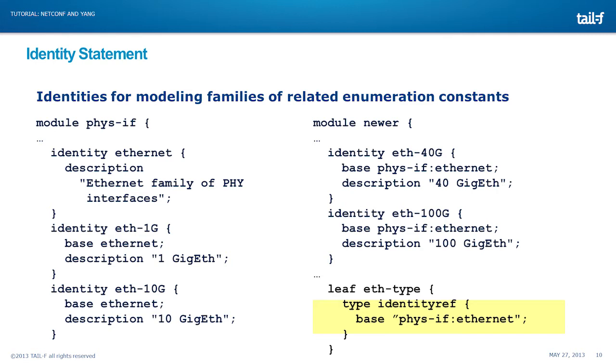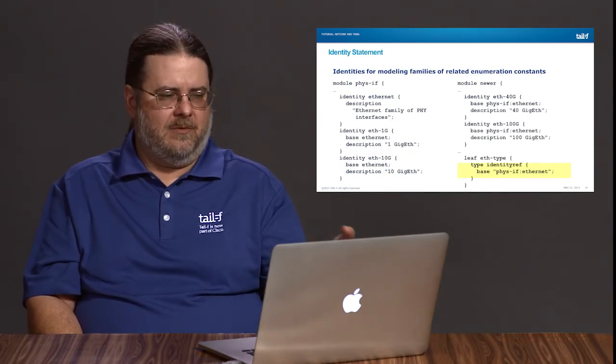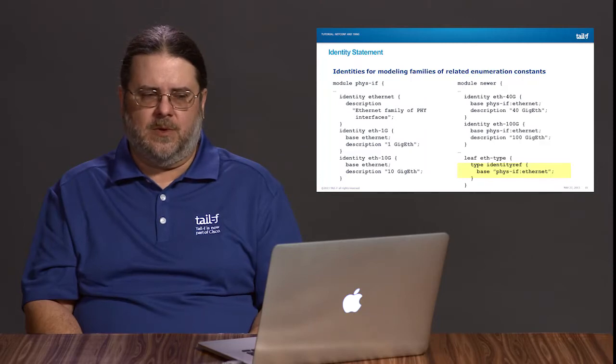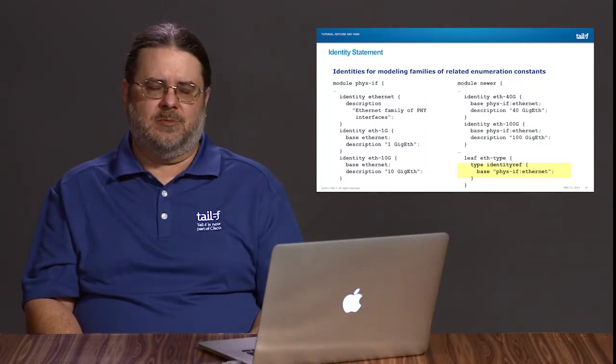So ETH type in newer can take any of the values from physical interface or from newer, and so hence be Ethernet 1 gig, 10 gig, 40 gig, or 100 gig. But if something was using that Ethernet identity just from physical interface, they'd only have those base values. So identity you can think of as an extensible enum.